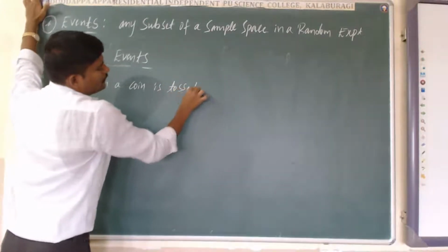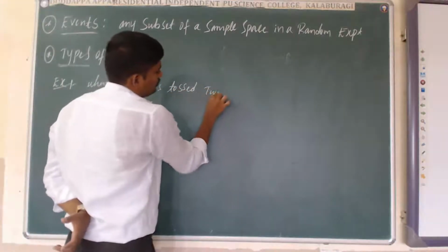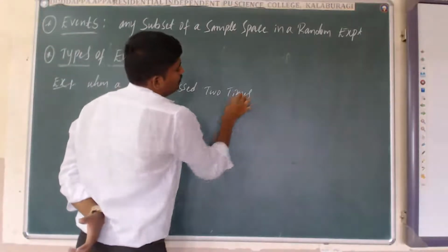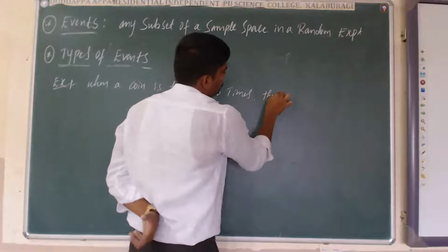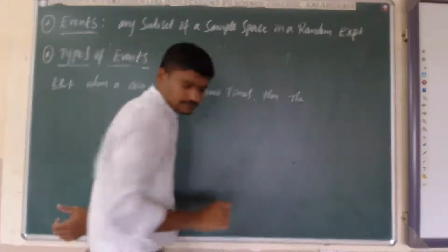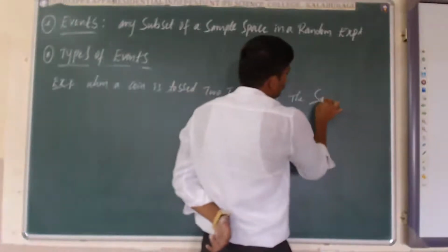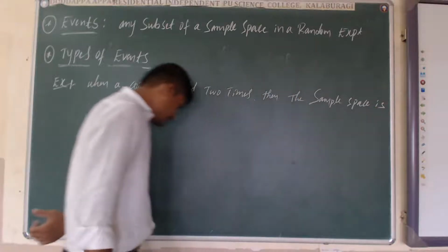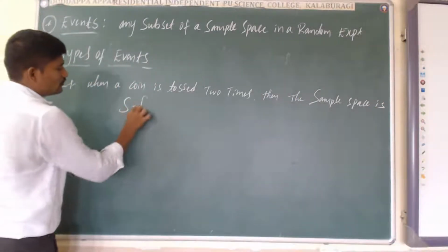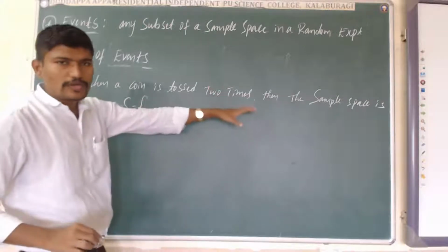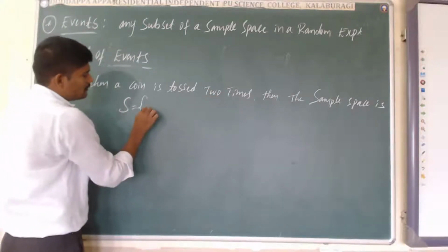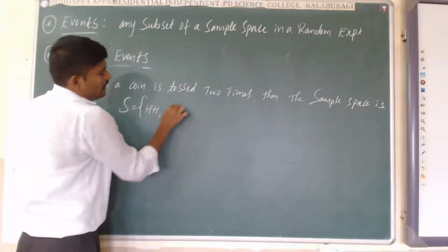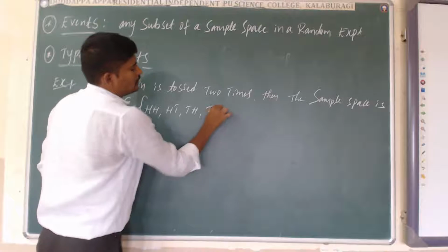When a coin is tossed two times, then the sample space is, we will get four elements: HH, HT, TH and TT.